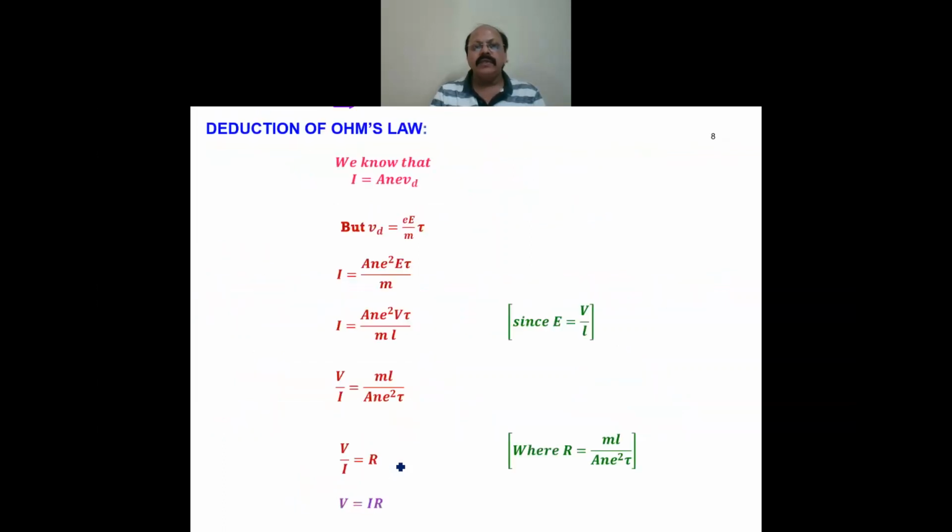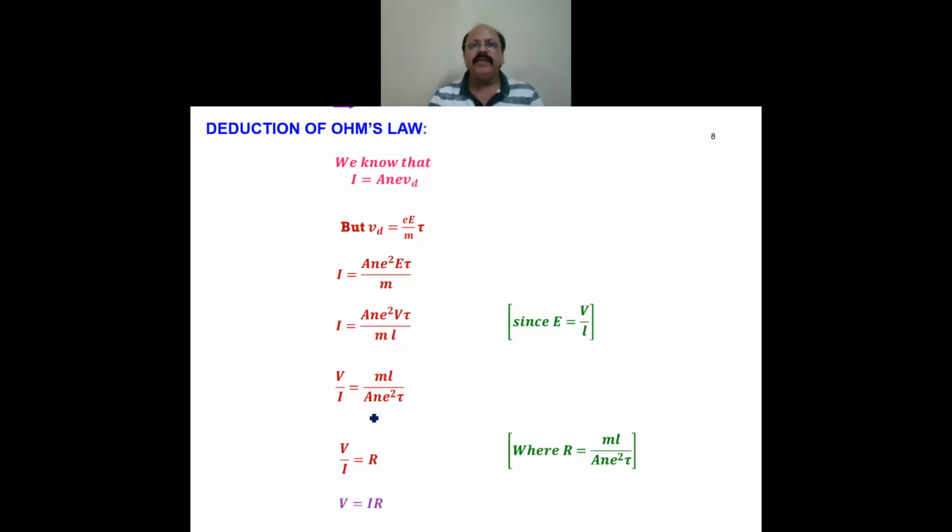Now we deduce Ohm's law. By this deduction, we understand on what factors the resistance depends. And you also understand why in Ohm's law we are saying temperature and mechanical strain remain constant.